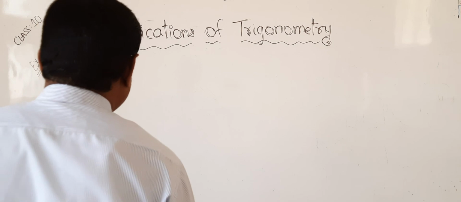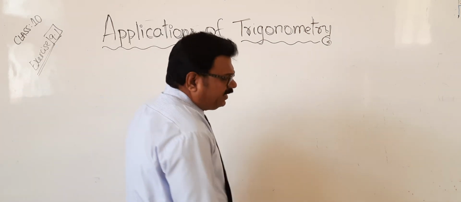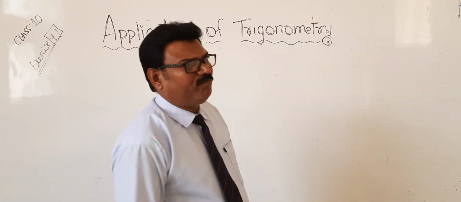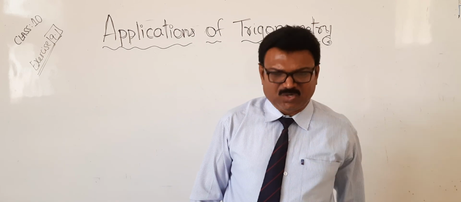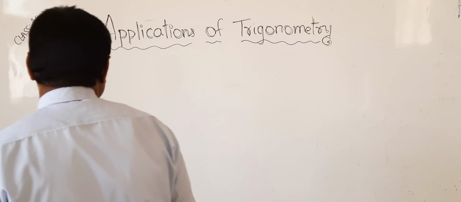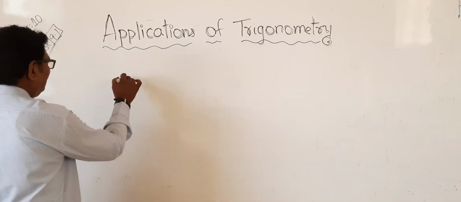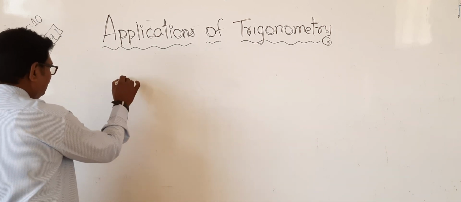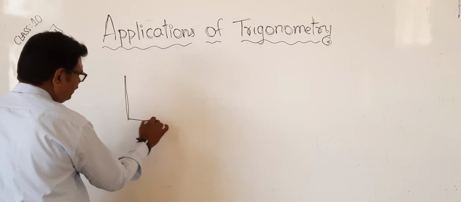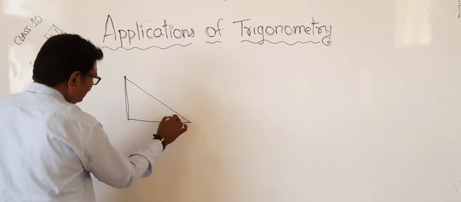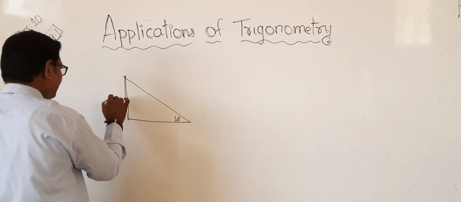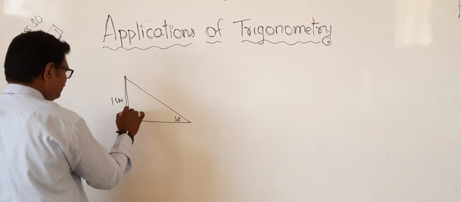Yes, next question. A contractor plans 2 different slides for children in the ground. The first one is very simple. This slide with an angle of elevation 30 degrees whose height is 1.5 meters.